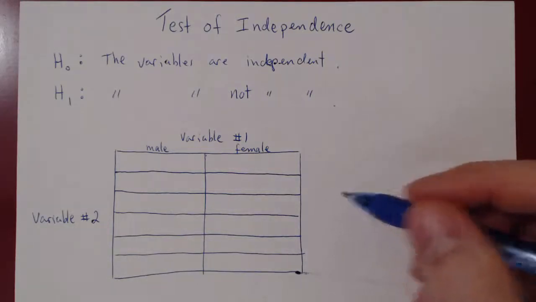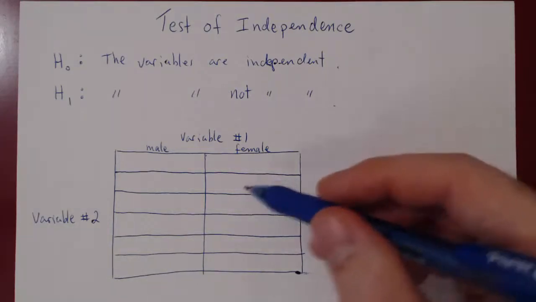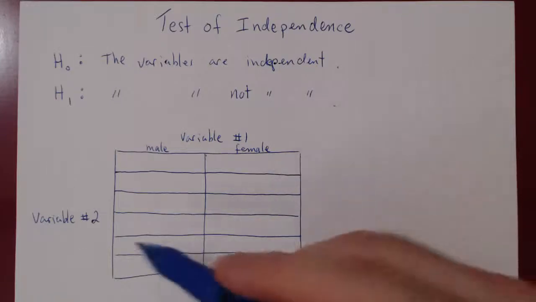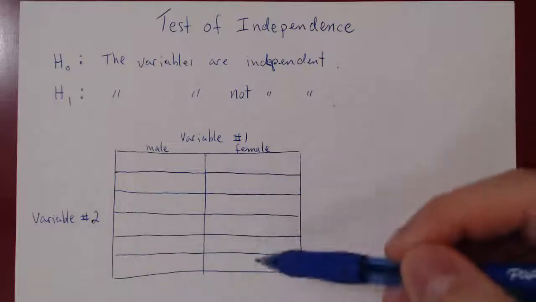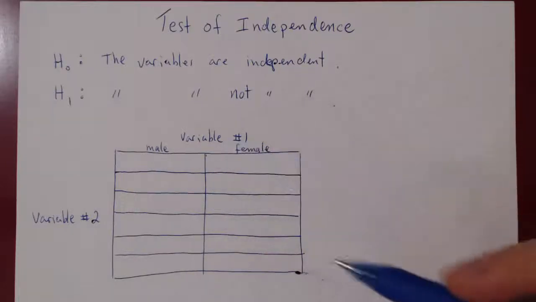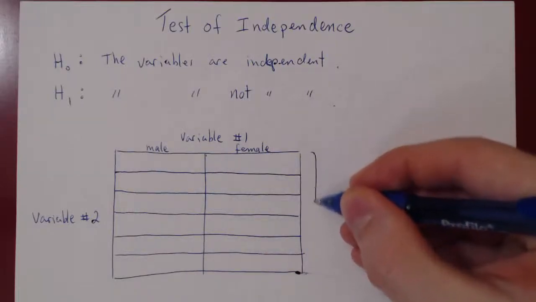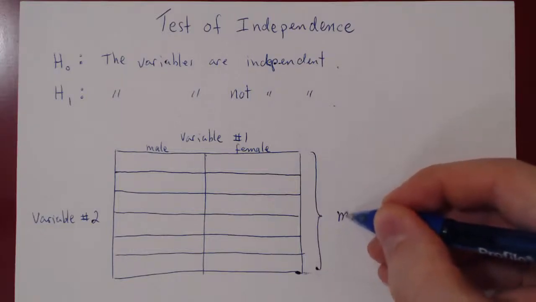So the first two variables that we will label are the number of rows of our matrix, the number of categories of variable 2, and the number of columns of our matrix, the number of categories of variable 1. The number of rows we will label m.